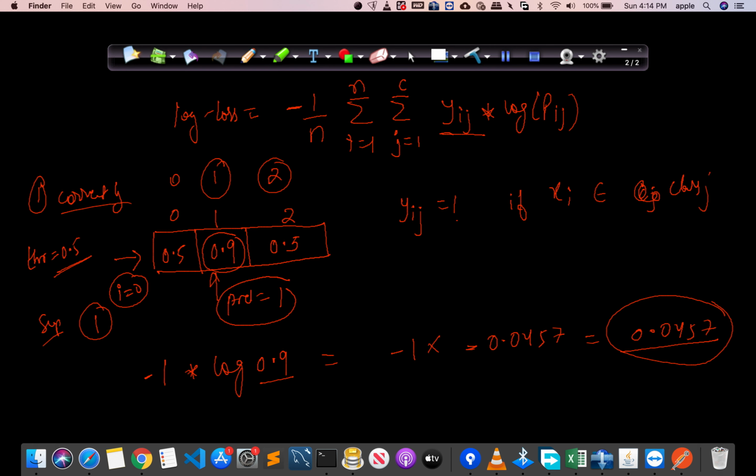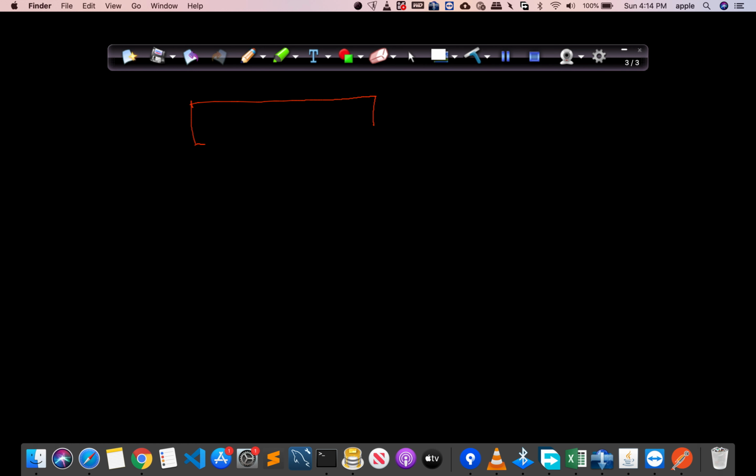Now let's see a case where our prediction is wrong. Suppose the prediction is 0.1, 0.8 and 0.1. Since the threshold is 0.5, our model will say that the predicted label is 1. Why? Because this is 0, this is 1, this is 2.